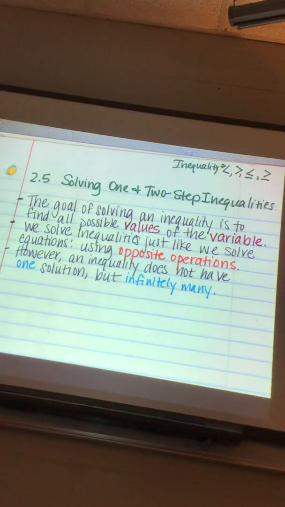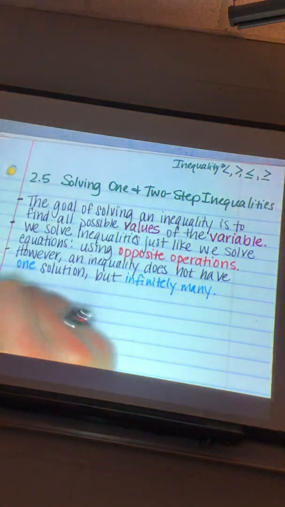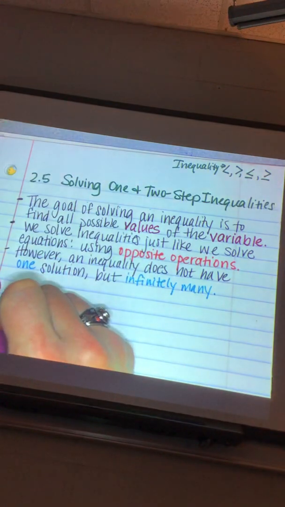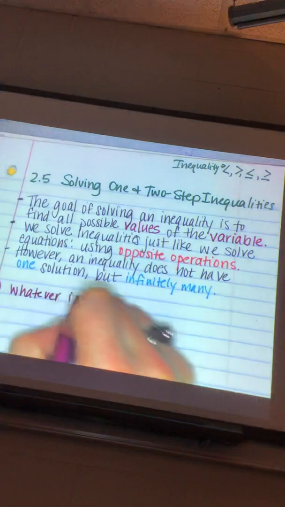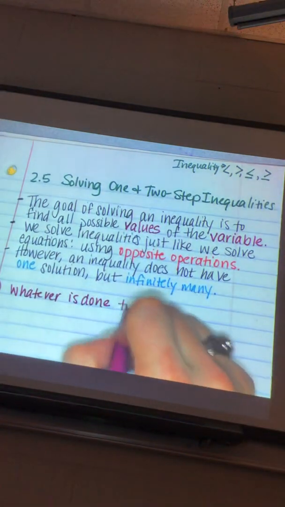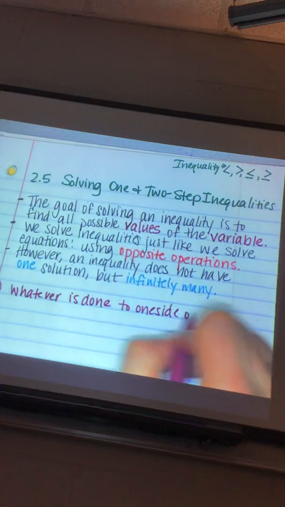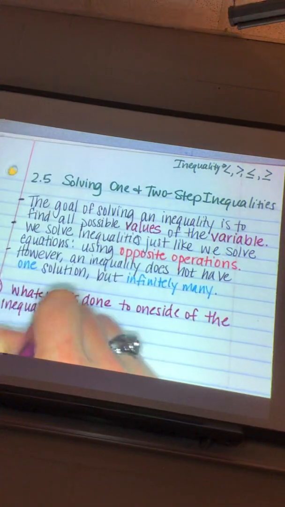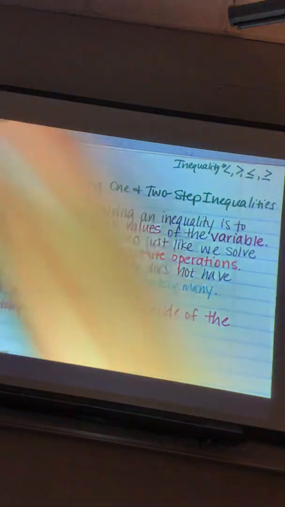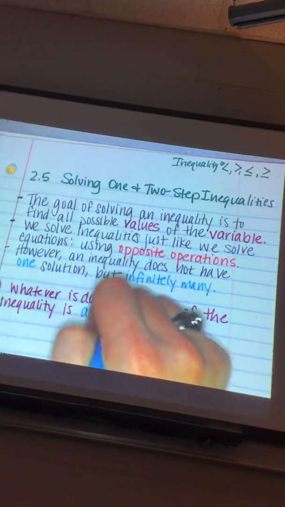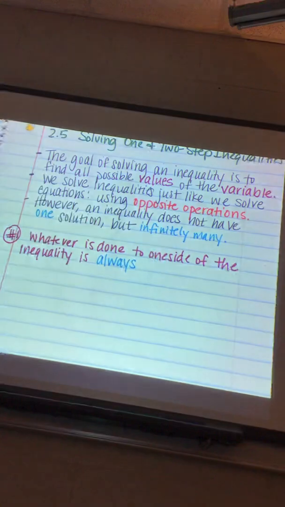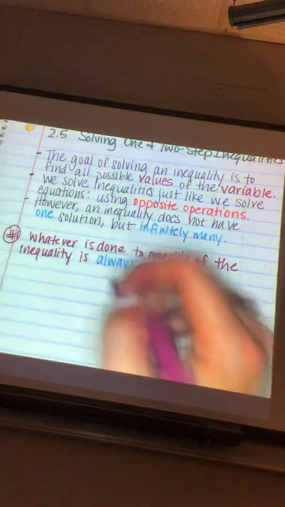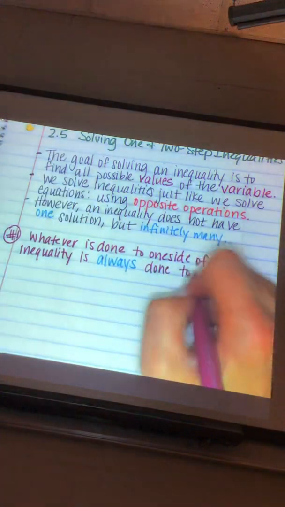So, rule number 1. Let's go back to our notes. Whatever is done to one side of the inequality is always done to the other side.